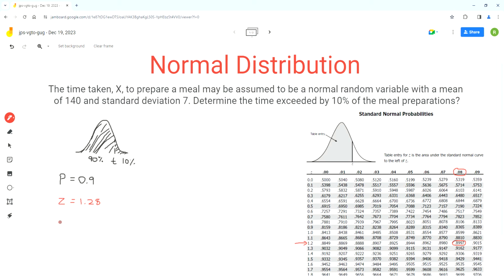Now we'll write the formula for z-score, which is equal to x minus x bar over the standard deviation.